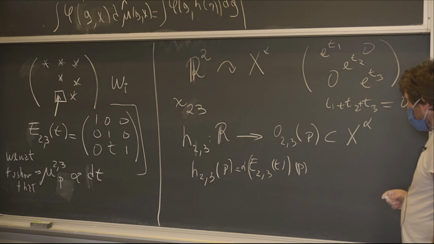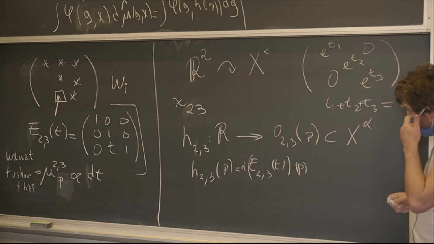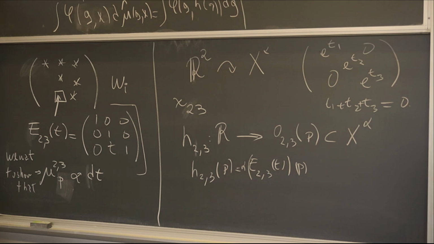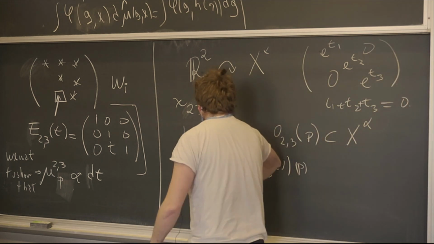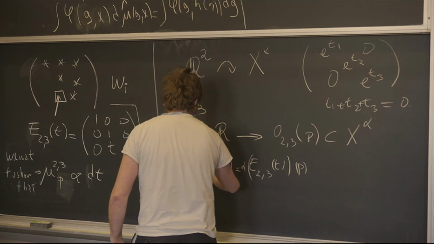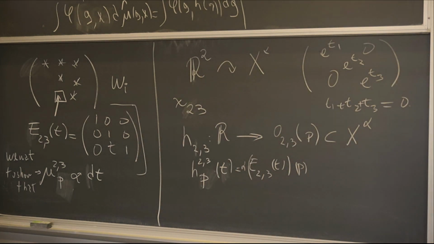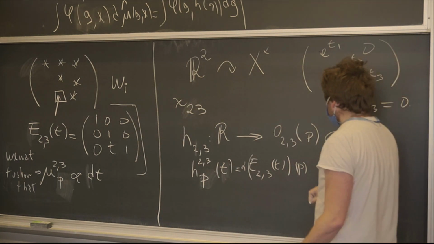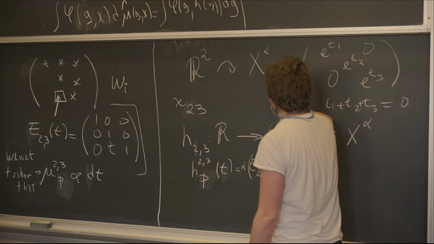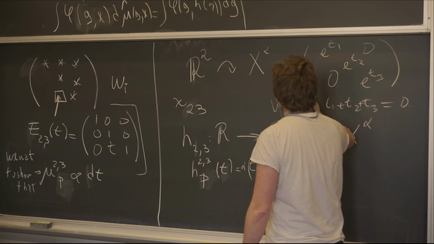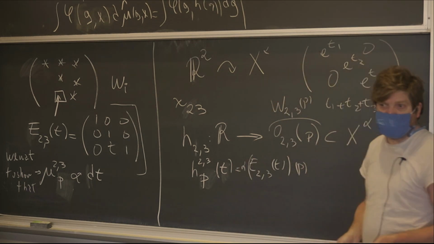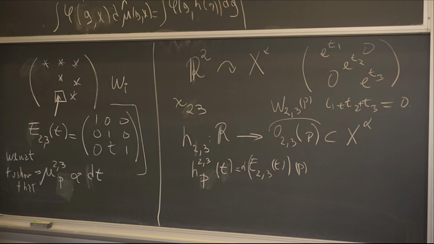But what I really care about is our diagram, like the last time, of T. Yes, and I should have the P somewhere. So it's 2, 3, P of T. Okay, thanks. Which maybe I call it W23 of P, just to emphasize the analogy with our previous situation.